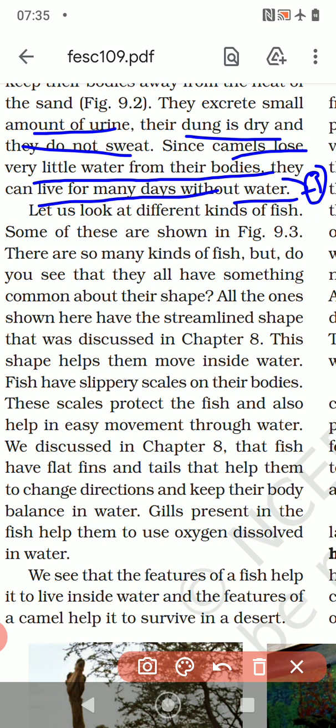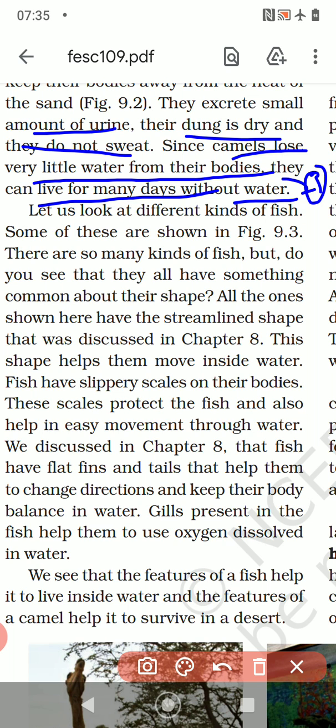I'll tell you some more. First we saw that camels have long legs so that they keep their body away from the heat of the sun. Then they urinate very little, sweat very little, their dung is dry, and they can survive without water for many days.